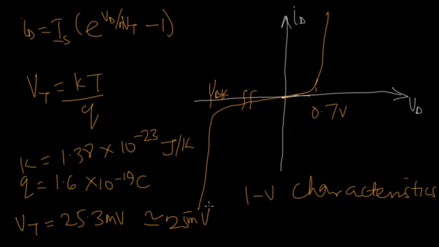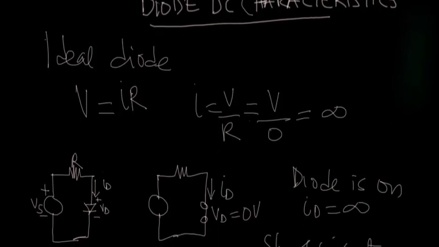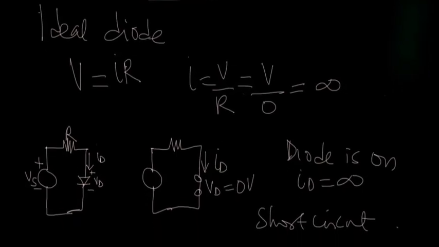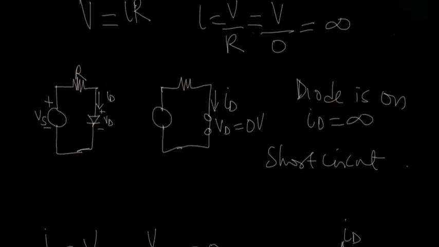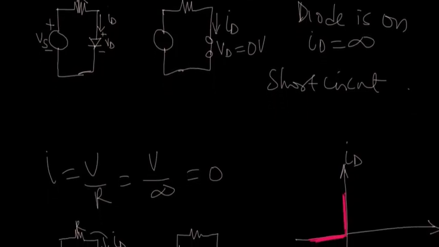So we've just seen the IV characteristics of the ideal diode and that of the practical diode. As a way of review, we've talked about the ideal diode. I would say the ideal diode is a diode that offers zero resistance and zero voltage drop in the forward direction, and thus the current is infinite. It is similar to a switch which makes or breaks a circuit. So in the forward direction, it is short-circuited, the diode is on, and current flows.